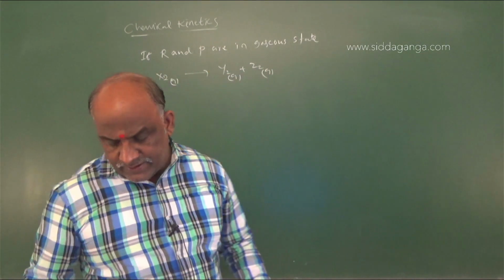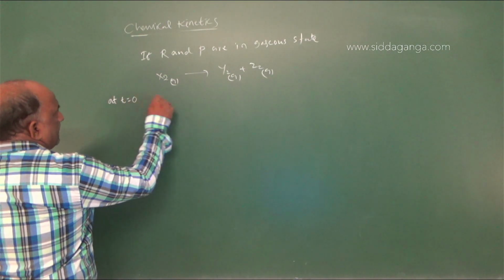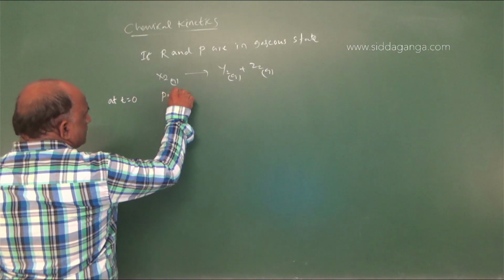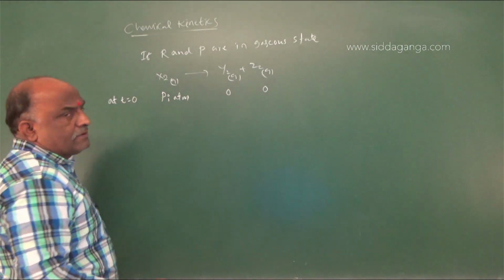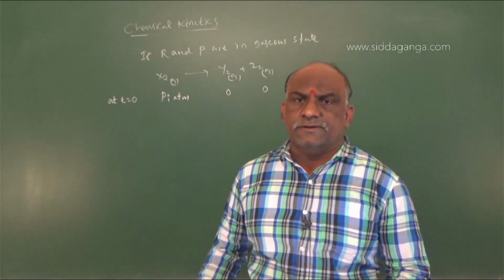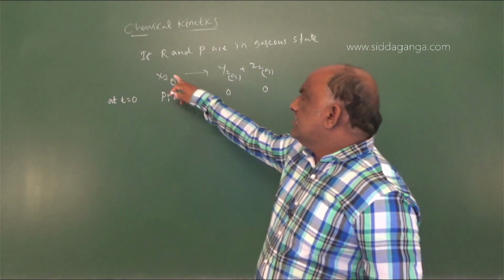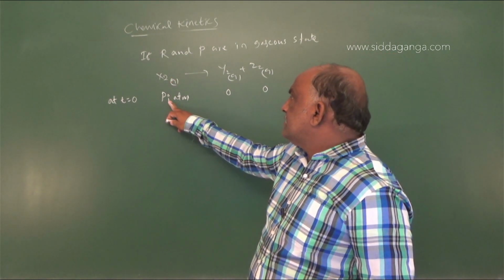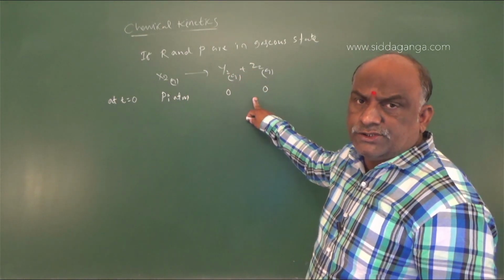So at time t is equal to 0, this is Pi atmosphere, and this is 0 atmosphere, this is 0 atmosphere, because the reaction has not yet started. At time t is equal to 0, partial pressure of X2 is Pi atmosphere, pressure of Y2 is 0 atmosphere, pressure of Z2 is 0 atmosphere.